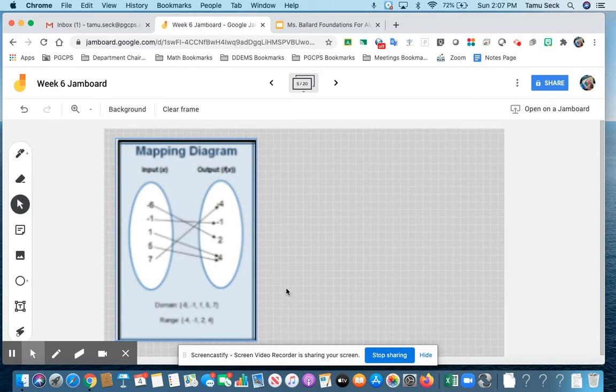So the domain is all the x values and the range is all the y values. Let's write this down. The domain is all the x values and the range is all the y values.